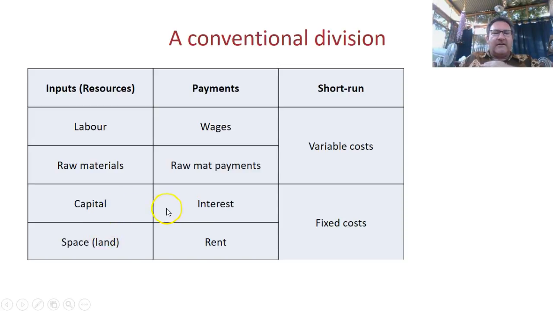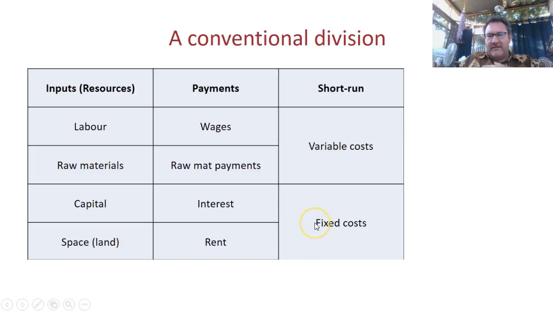And the capital, machinery, tools, the factory, and the space on which it's located, these inputs are traditionally, conventionally, fixed inputs. So the payments for those fixed inputs, the costs of acquiring those fixed inputs, are called fixed costs.